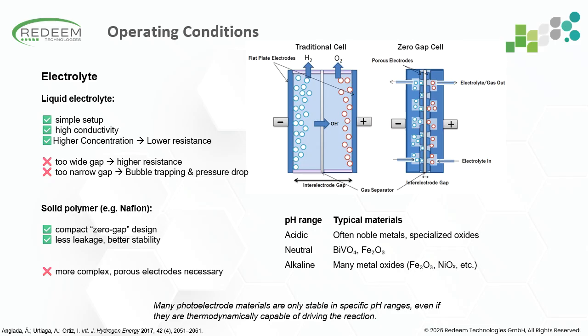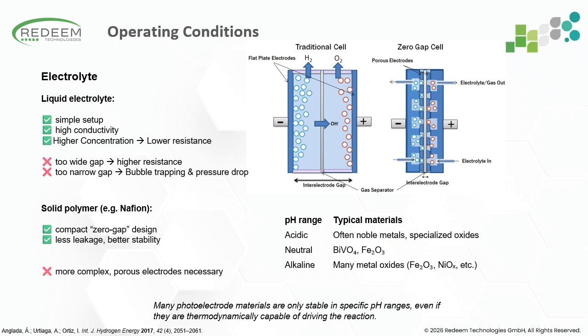So if you look at the picture here on the left cell, if the inter-electrode gap is too large, ions have to travel longer distances, increasing the ohmic resistance. On the other hand, if the gap becomes too small, gas bubbles can become trapped between the electrodes, increasing the pressure drop and potentially blocking mass transport completely.